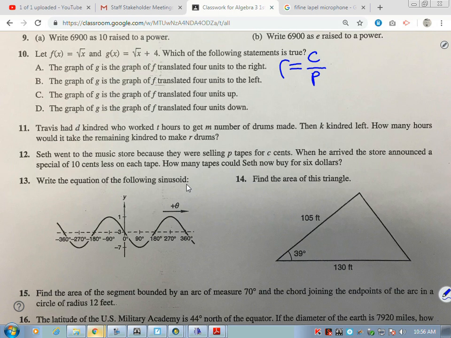All right. And they are on sale. So they're actually cutting off 10 cents per tape. Is that right? Okay. So really what we have is minus 10 cents per tape.